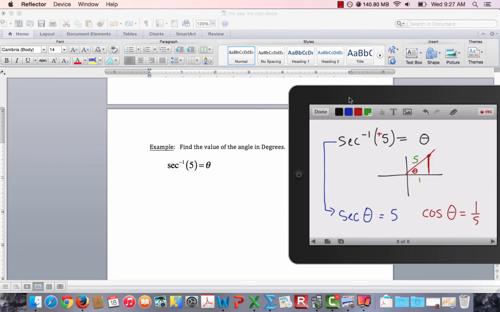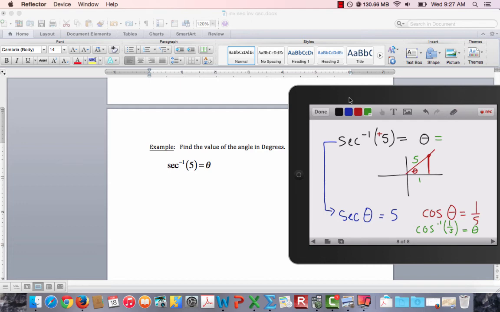So we can express this in terms of cosine by reciprocating the ratio between the adjacent and the hypotenuse side. So if we're going to have to use our calculator, which we are because this angle is not one of our known angles, then we're going to have to use the inverse cosine function of 1/5 to determine that value of theta.